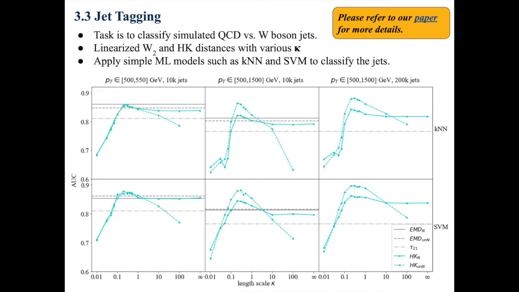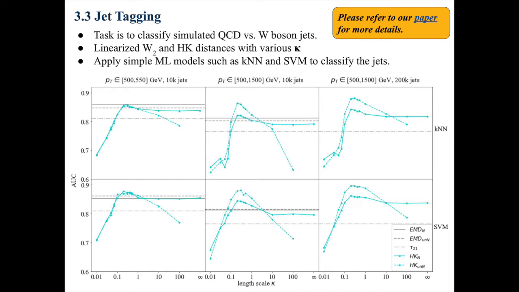They are very simple machine learning models, and we understand the math and what they are doing. And this outputs the final AUC values. As a benchmark, we also compute the AUC for the original EMD approach by Jesse's group and the traditional observable n-subjettiness. So I want to make 3 observations here.